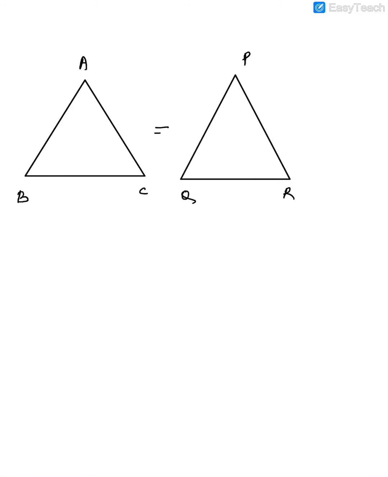First look at how to mark the congruent triangle. You draw an equal sign and on top of that you make a sine wave. That is the symbol for congruent. So here we can say that triangle ABC is congruent to triangle PQR. Okay, let's say these two triangles are congruent.